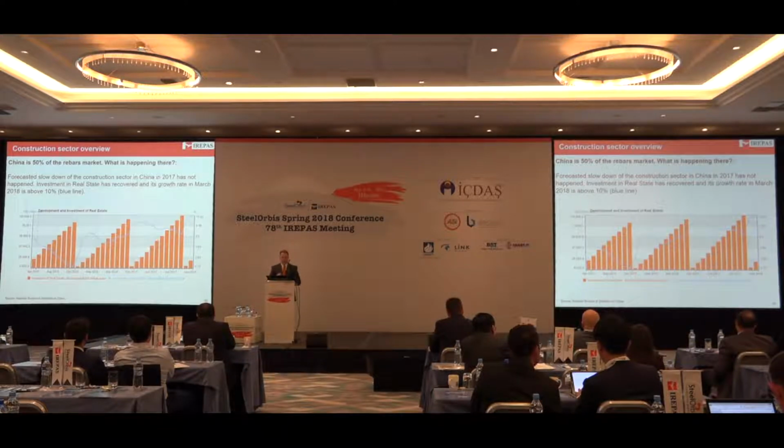You can see that during the year 2015, the accumulated growth in real estate was decreasing, almost reaching zero at the end of 2015, but from that moment it rebounded and now is close to 10%. So we can say that the investment in real estate in China, for the time being, has rebounded. So this will hopefully give us more consumption of rebars in China in the coming months.